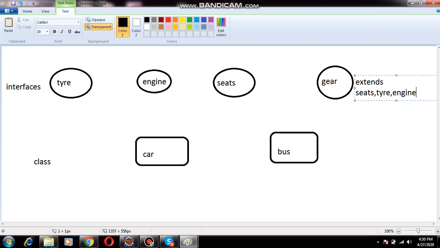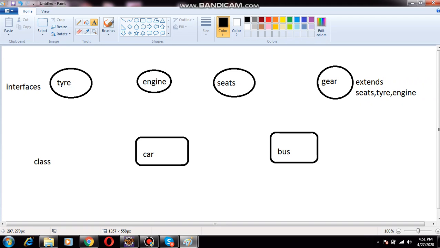This is only possible with the interface concept. At a time, we can extend multiple interfaces. So now gear extends seats, tire, engine.